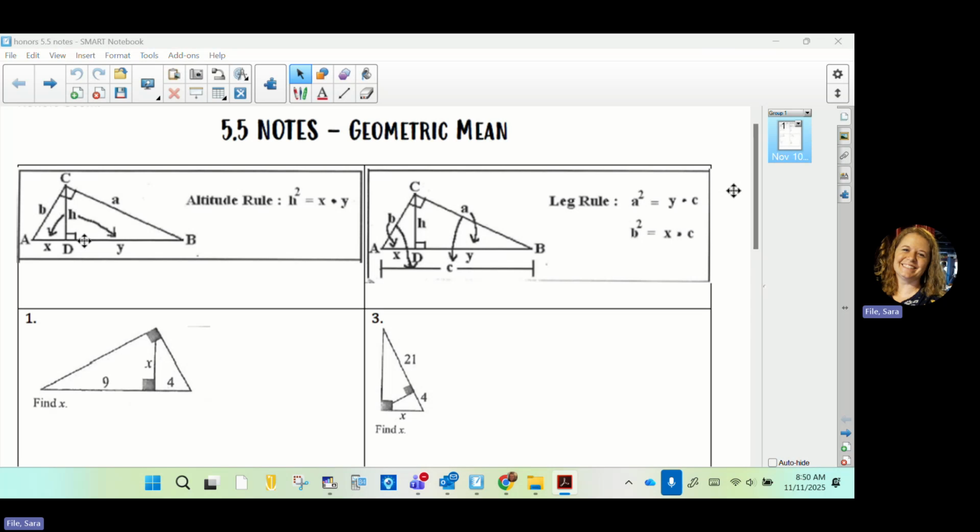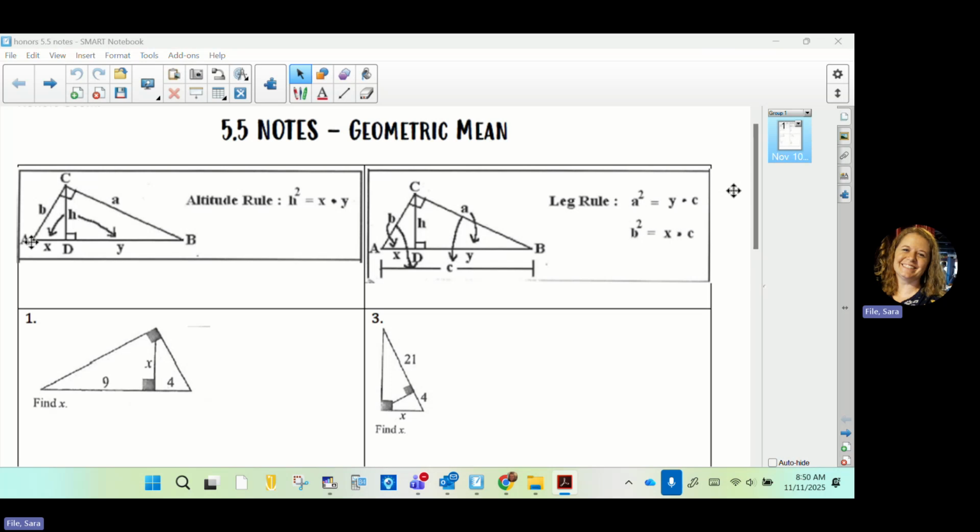So when that happens, it splits that hypotenuse side, that AB, and we're going to call those two lengths X and Y. Then we're going to call the altitude H, because altitude is just another word for height. And we will call the side length the leg by the opposite angle's vertex.